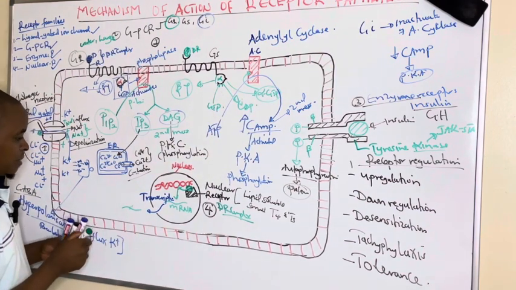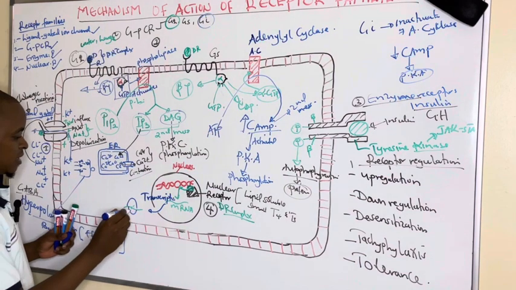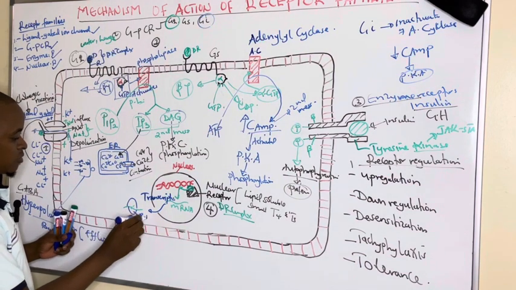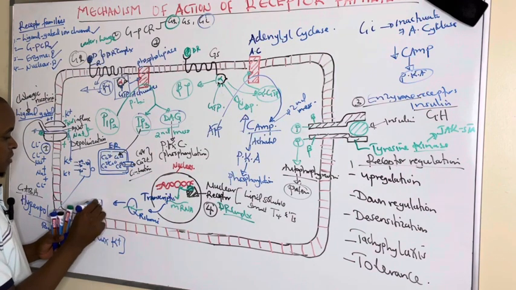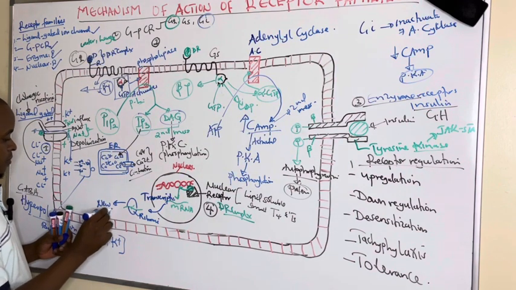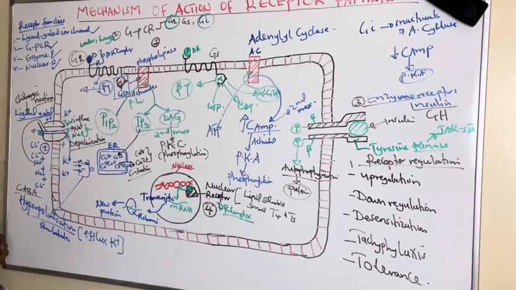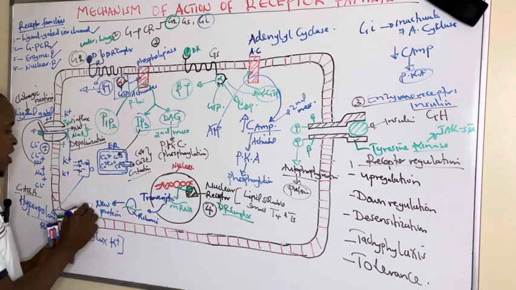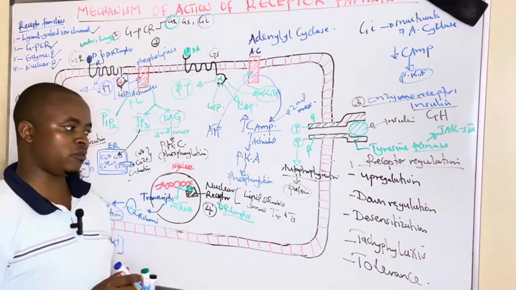In the presence of ribosomes, this mRNA is translated to form new proteins. New proteins are formed by translation. And this is the mechanism, and when new proteins are formed, that is the response which we required.